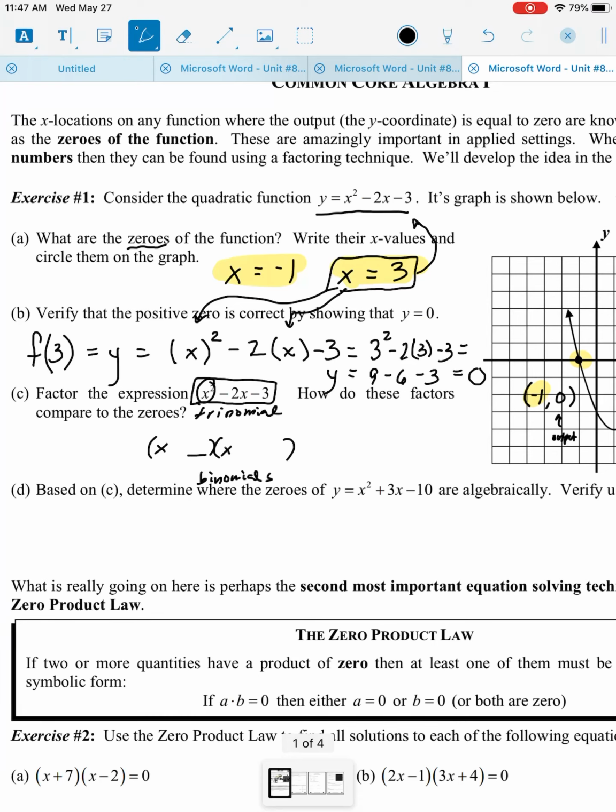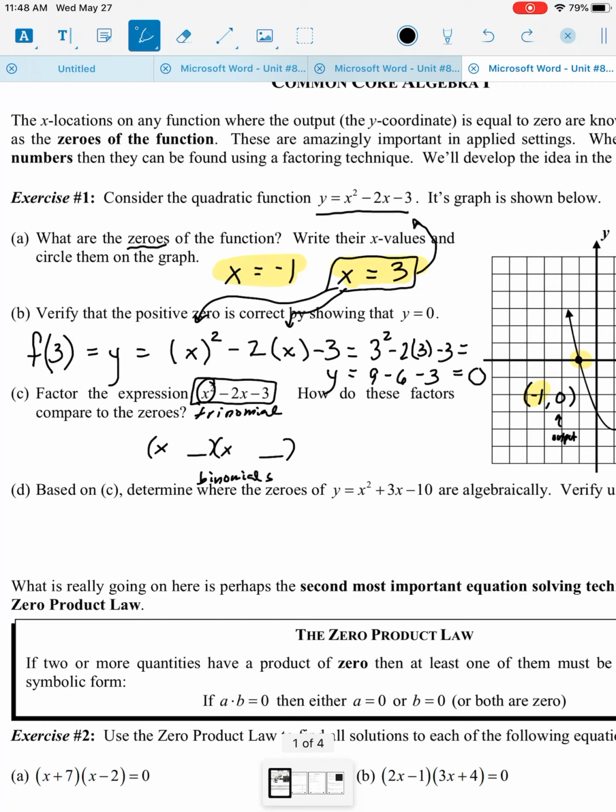The second value in the binomial has to multiply to the last term in the trinomial and add to the second term in the trinomial. And I'll say that again. Has to multiply to the last term in the trinomial and add to the second term in the trinomial.